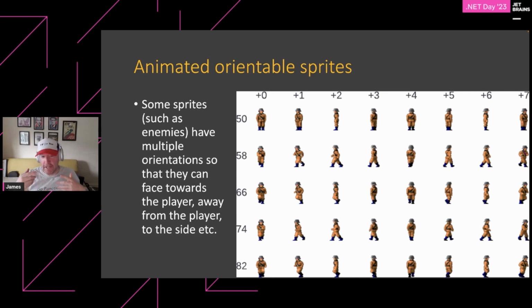Each of the orientable sprites, which is basically the enemies, have this kind of format you can see on the screen here, where each part of their animation is done in a different direction. They can face in one of 8 directions, and there's 5 animation frames or whatever it is for each direction they can face.